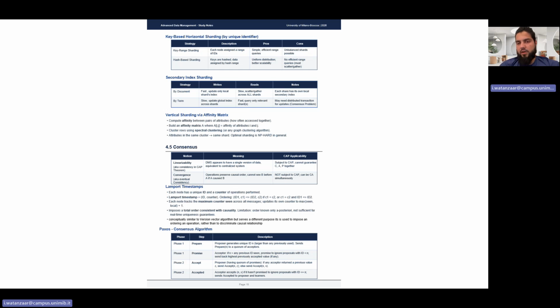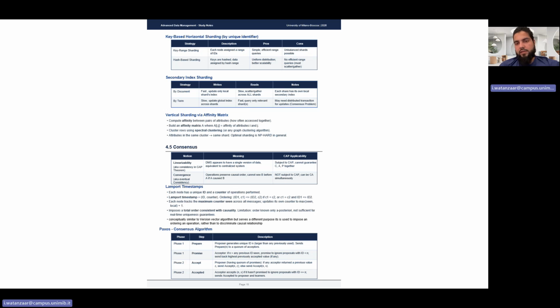This strategy writes very fast, since each shard maintains its own secondary indexes. In a shard, we keep the list of unique identifiers corresponding to each value of a secondary index. That's why it's fast.